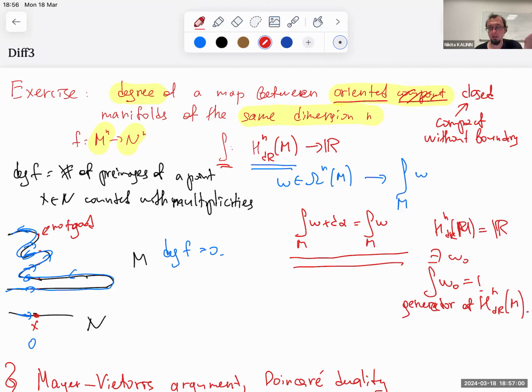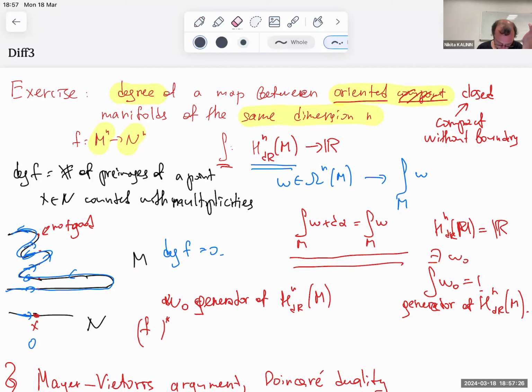And then you can define the degree in the following way. You just take the generator omega 0 of the cohomology on N, and then you take the pullback of it, f pullback.